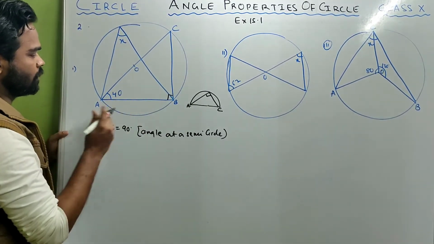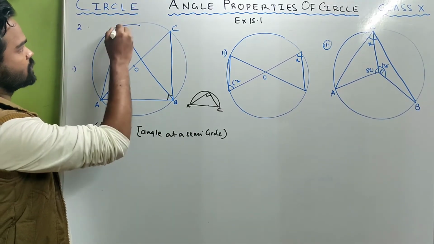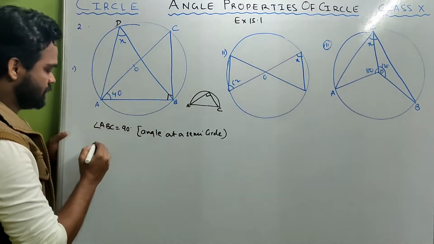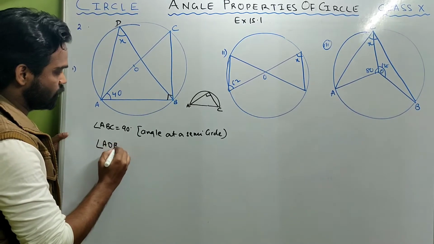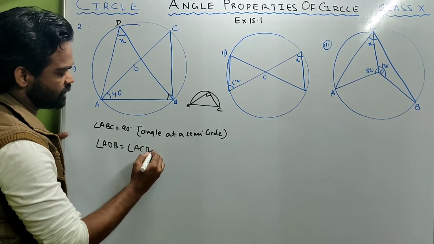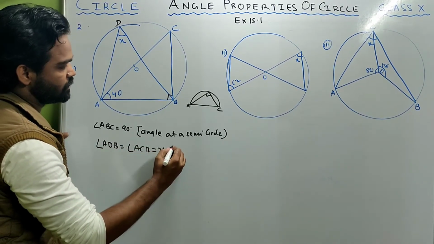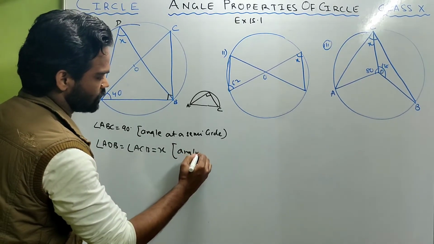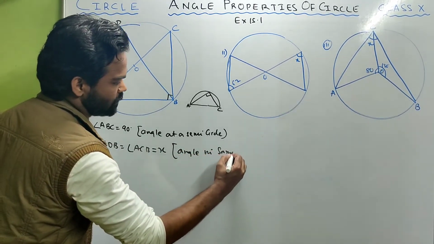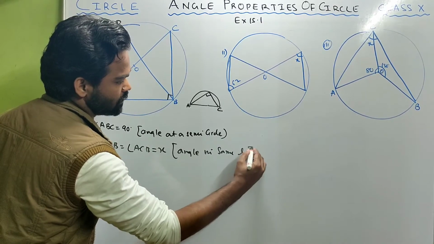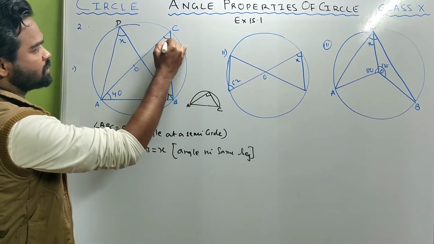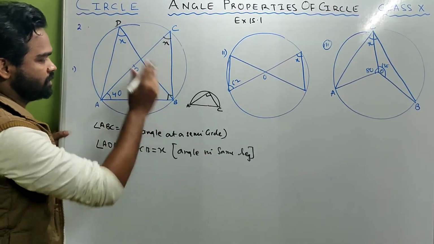Okay. Now look, suppose this was D. Angle ADB will be equal to ACB, same segment, which is x. Angle in same segment, isn't it? So if this is x, this is x. Now look at triangle ABC.